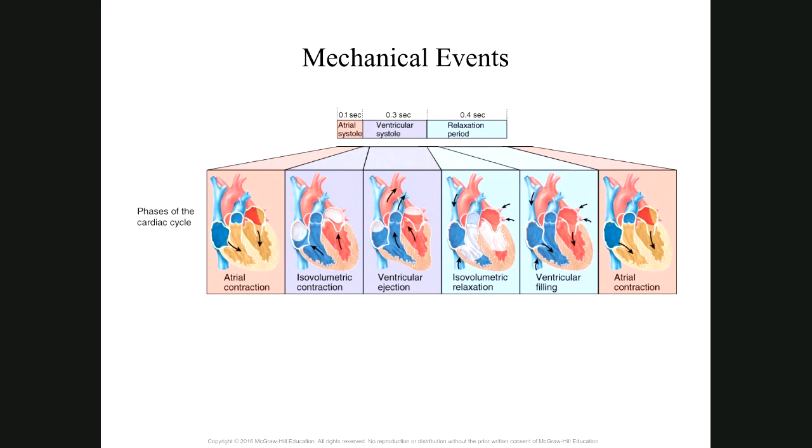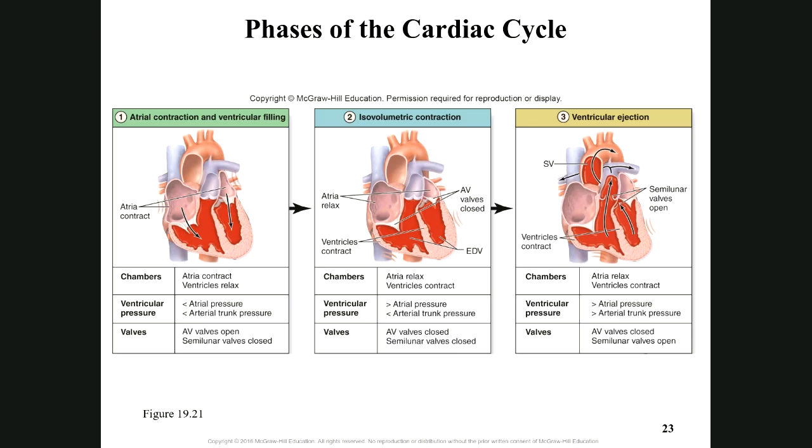And in this graph, you can see the mechanical event. Let me talk about this mechanical event in the next picture, which is bigger than this one. Yes, on this picture. In the first picture, you can see atrial contraction and ventricular filling. You see that your atria go to contraction, your ventricles are relaxed and accept the blood.